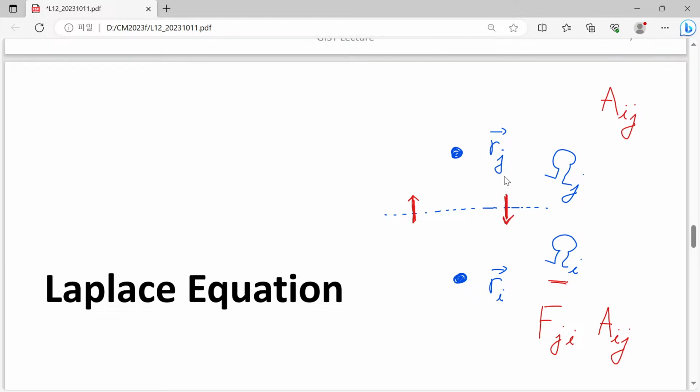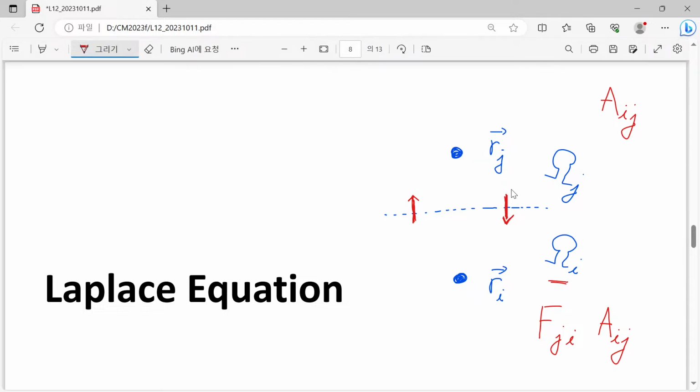Obviously, now the roles of I and j are interchanged, so we must have f sub ij, from j to I. And when you have a look at this one, there is only one single vector field called f. This is a unique vector defined on this surface area.